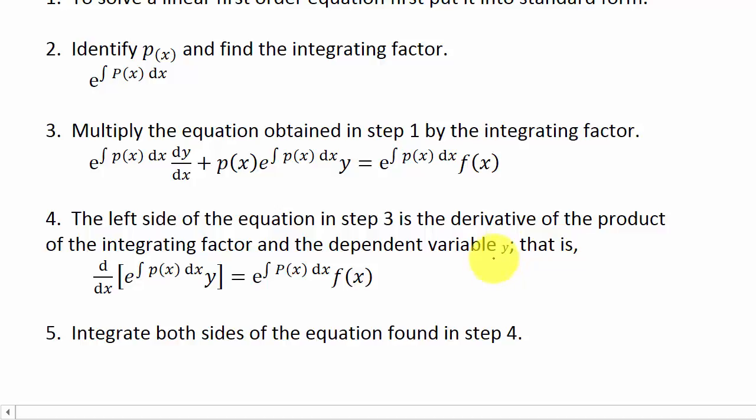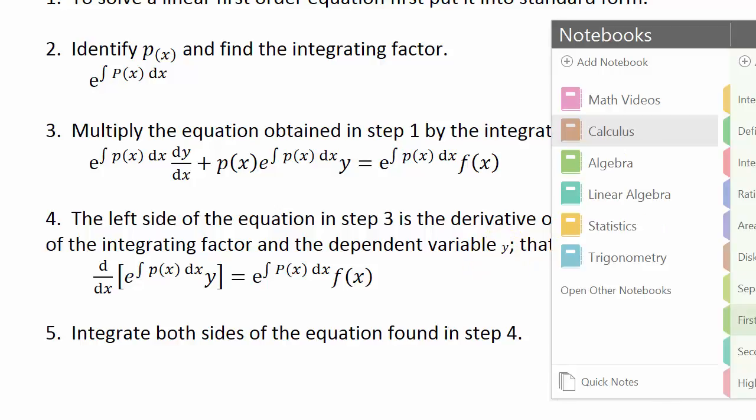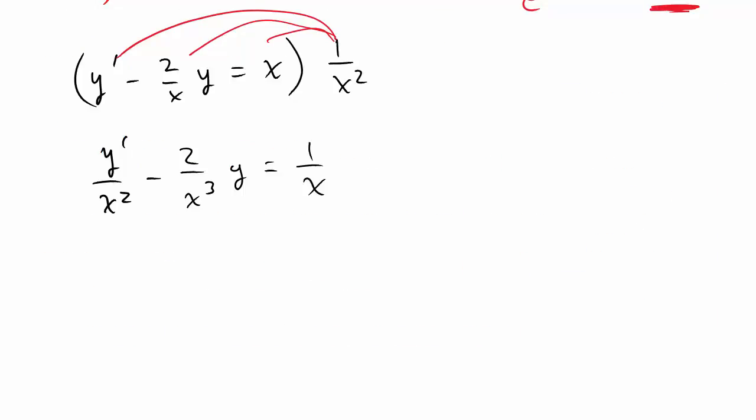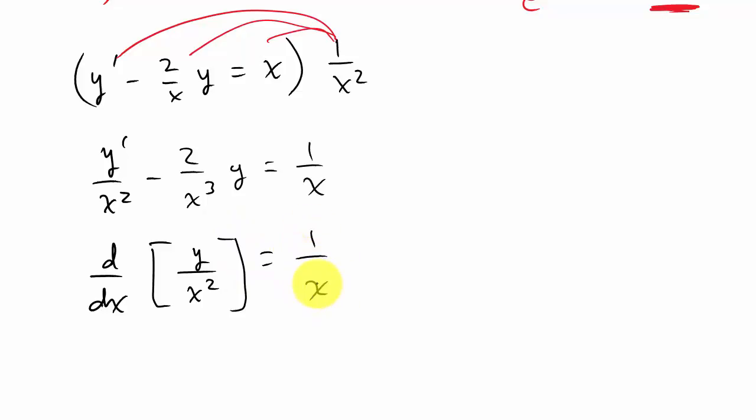So that gives us the derivative with respect to x of y over x squared equals 1 over x.